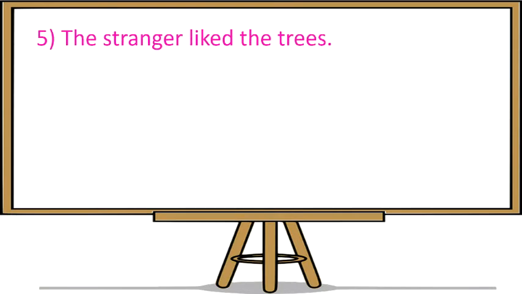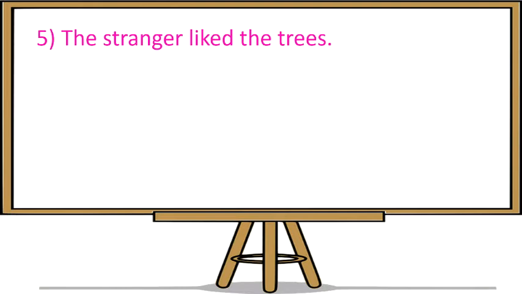Okay, next we have, the stranger liked the trees. The stranger is the subject. Liked is your action, which is the verb. Now just ask yourself, the stranger liked what? The answer is the trees.